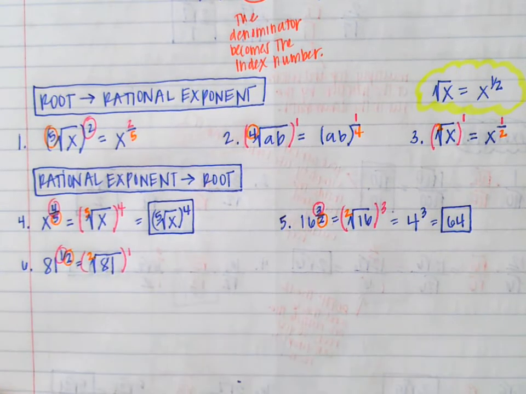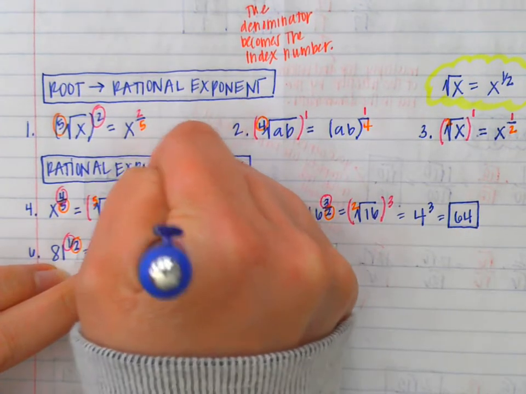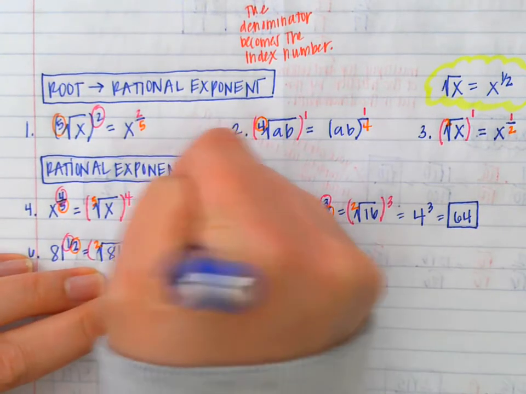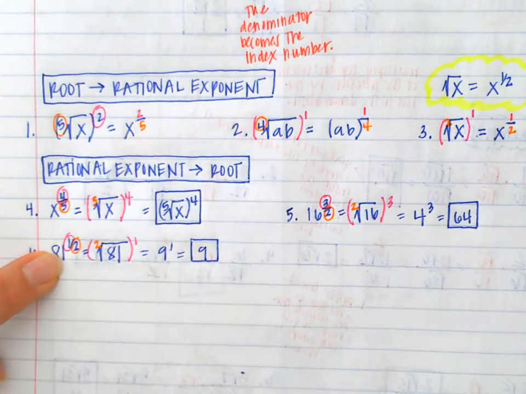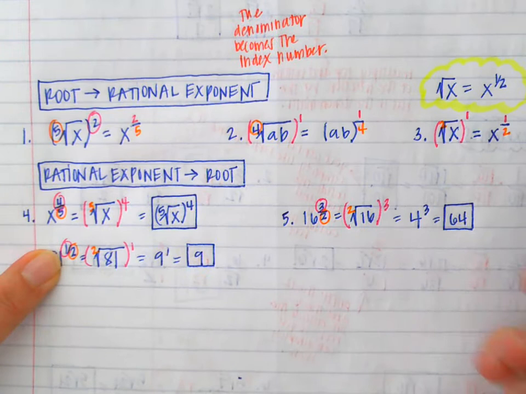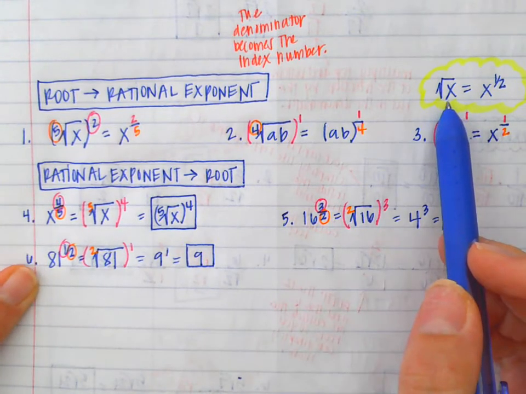So the square root of 81, what do we know the square root of 81 is? Square root of 81 is 9. And 9 to the first power is just 9. So 81 to the 1/2 is the same, like I said, as just saying what's the square root of 81.